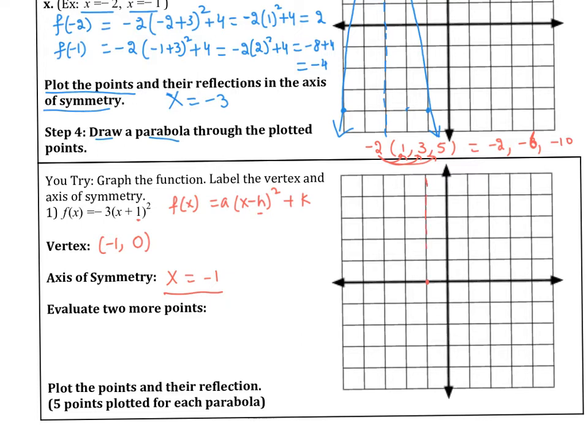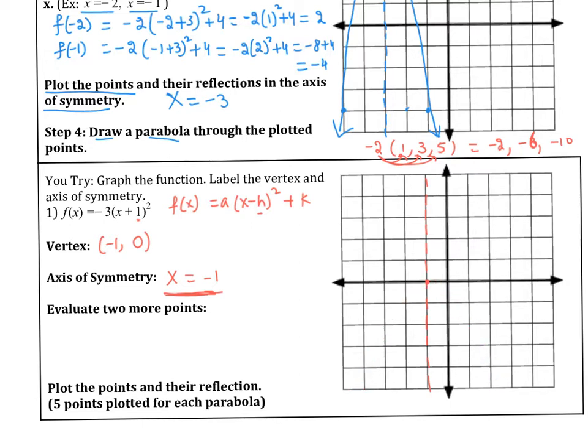I'm going to draw this line as well, and now I'm going to find two more points to make a full graph. You choose points either left of -1 or right of -1, which means you can choose 0 and 1 to find two more points. Remember, we graph only one side of the graph, and the other side will be its replica, the mirror image of this side.